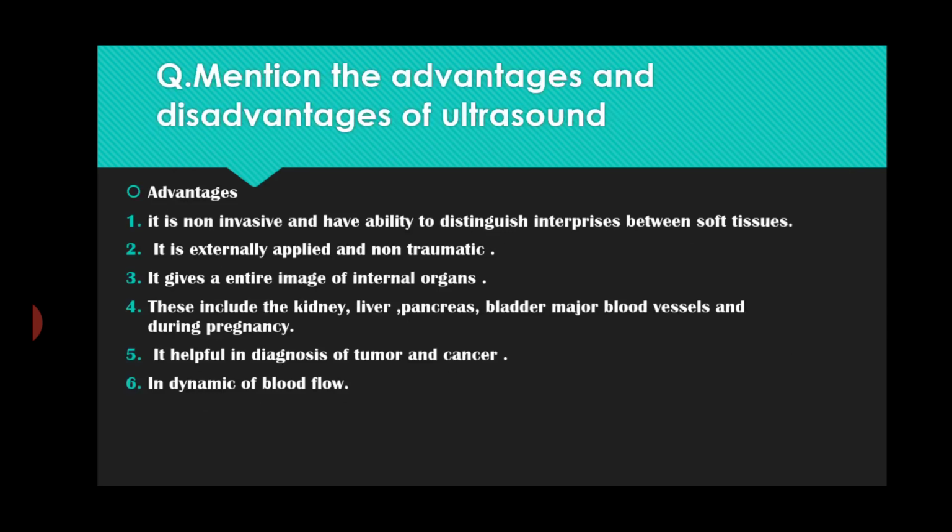It gives an entire image of internal organs. This includes the kidney, liver, pancreas, bladder, major blood vessels, and the fetus during pregnancy. Fifth, it is helpful in diagnosis of tumor and cancer. In dynamics of blood flow, these ultrasounds are used.